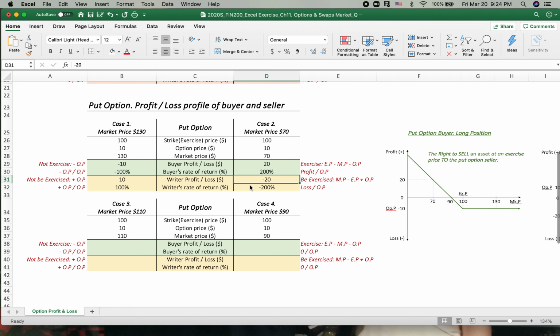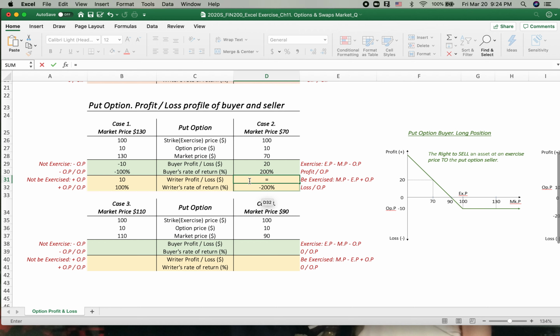But I wanted you to understand the procedure. When the put option buyer exercises their right, if you are the put option writer, you have to respond to their right. So you have to buy the underlying asset from the put option buyer, even though the market price went down.